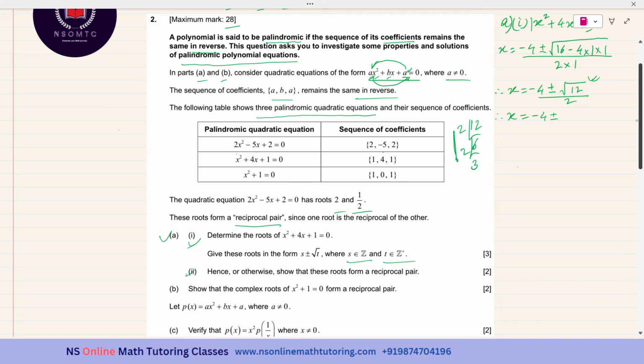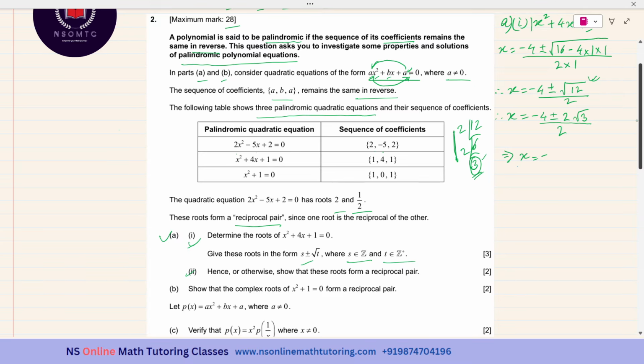There is only a single pair of 2, so we take 2 outside the radical sign, and this 3 is isolated, so it stays within the root. The square root of 12 is equal to 2 times the square root of 3, over 2.